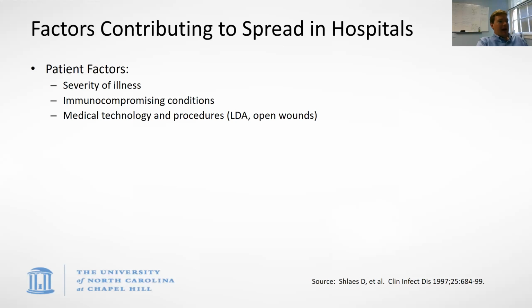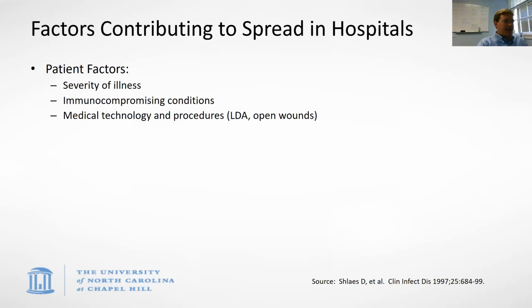So what are the factors contributing to spread of antimicrobial resistance in hospitals? So patient factors, and I think this will be familiar to most. Severity of illness, so the more critical your illness, if you're familiar with SOFA score, the higher your SOFA score, the more comorbidities you have.